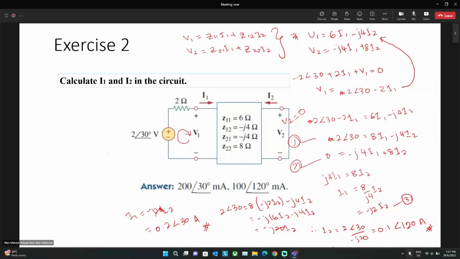Okay, fasa dia memang masih 360 darjah regardless of it is in milli or not. So, untuk exercise 2 ni boleh faham? Ada soalan exercise 2?